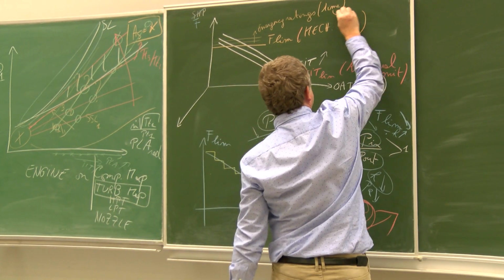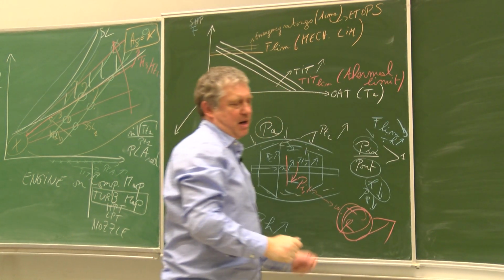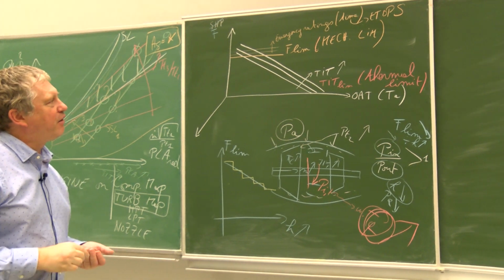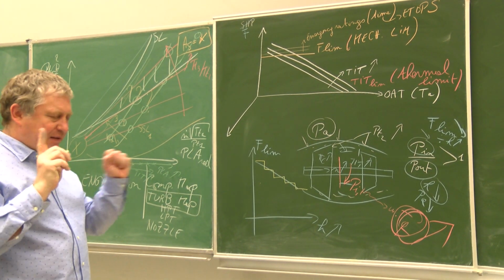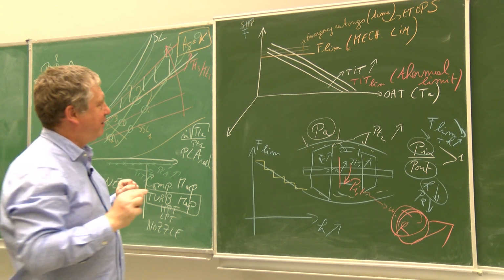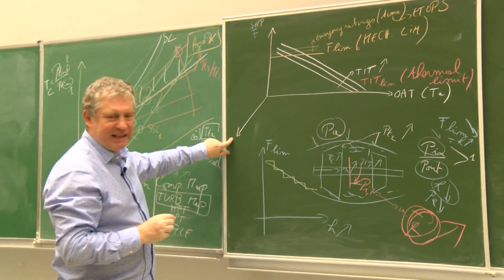That can be, for example, what you have in what is called ETOPS conditions. I will not go much further on that. But, as I said, this F limit is depending on the altitude.